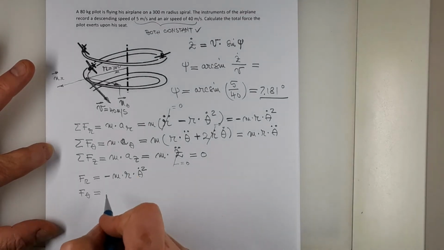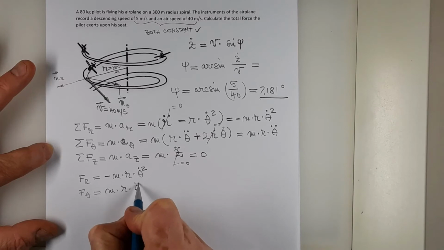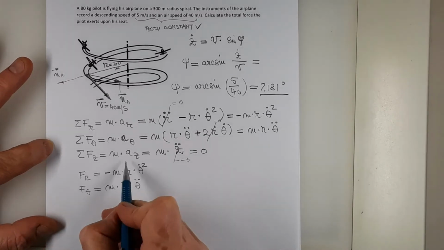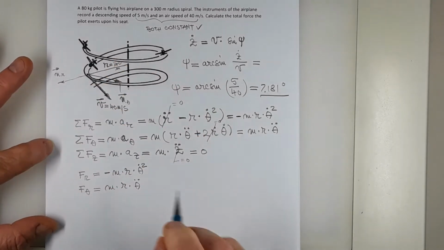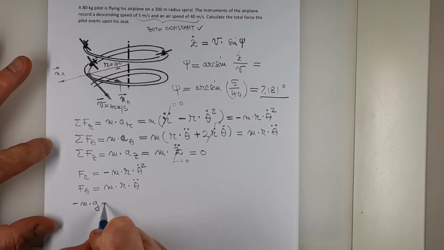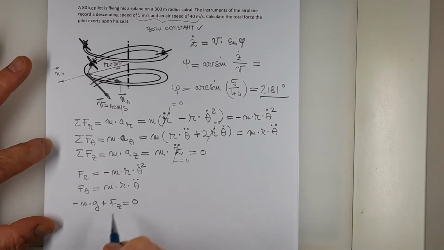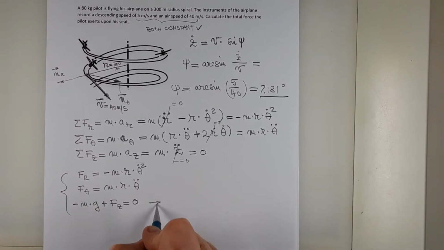It's by itself, reaction from the seat, m times r times theta double dot, and here we have negative weight, mass times acceleration of gravity, and then I have plus force from the seat in the z direction equals 0.